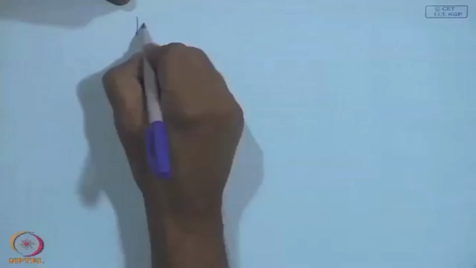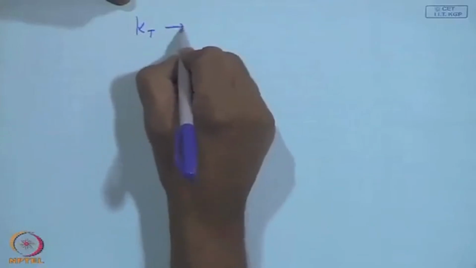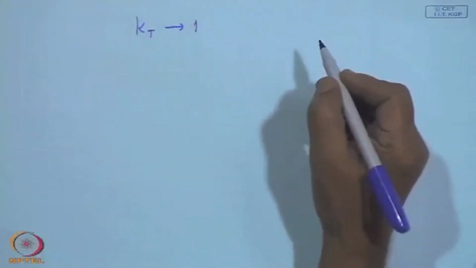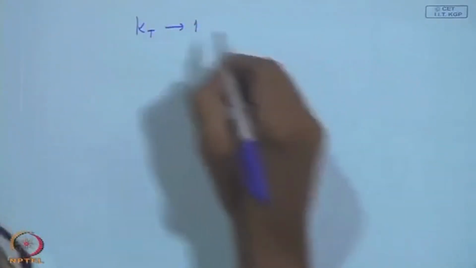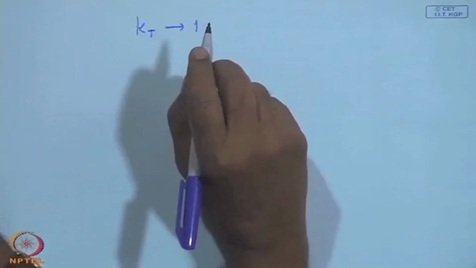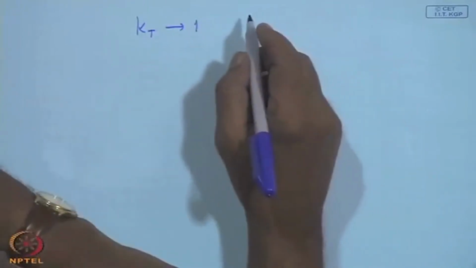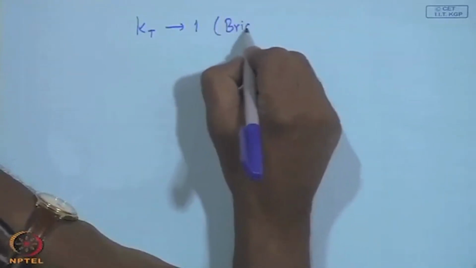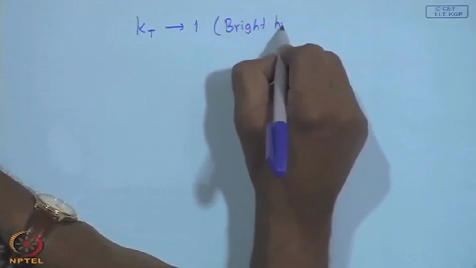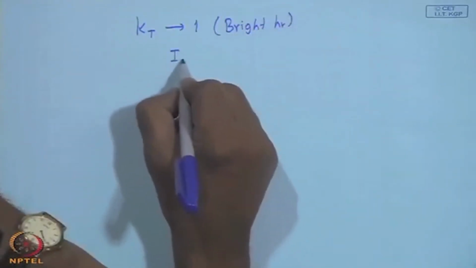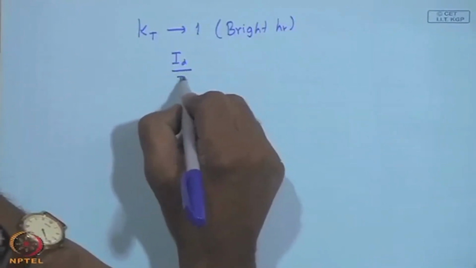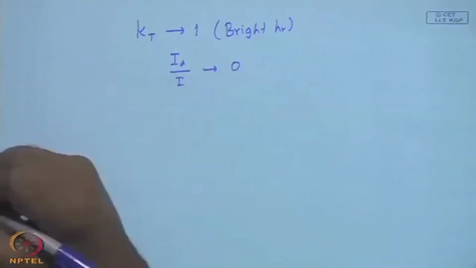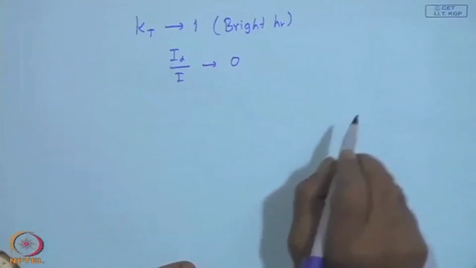You can expect, if k_T is 1, that means it is a bright hour, right. In fact, it is called a clearness index, so if it is equal to 1, it is very clear. So diffuse fraction should vanish.